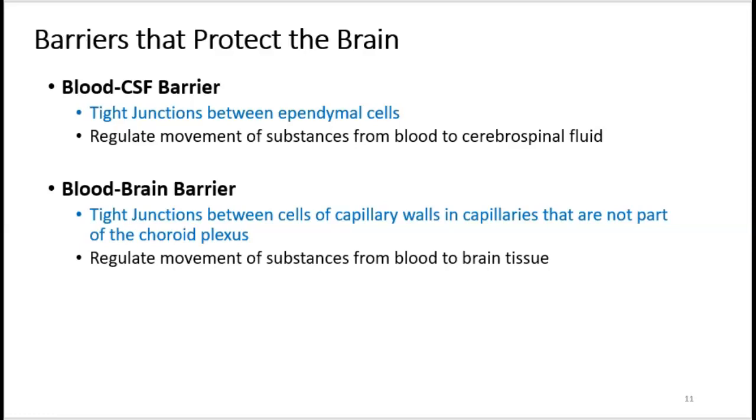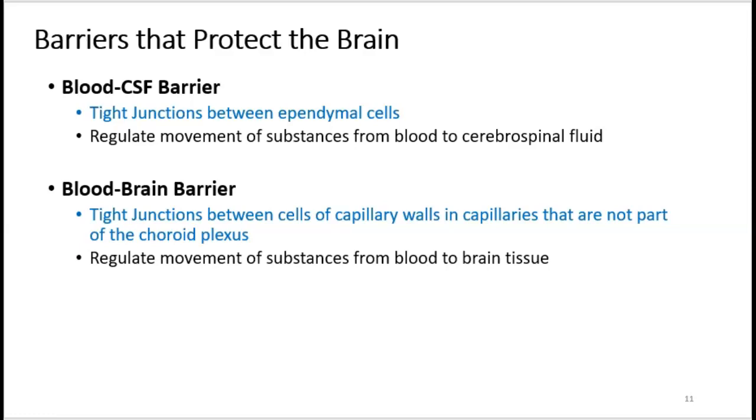When people use the phrase blood-brain barrier, they're usually referring to the tight junctions that exist in other capillaries that supply the brain tissue. So there are tight junctions between the cells of capillary walls in the capillaries that aren't part of the choroid plexus.